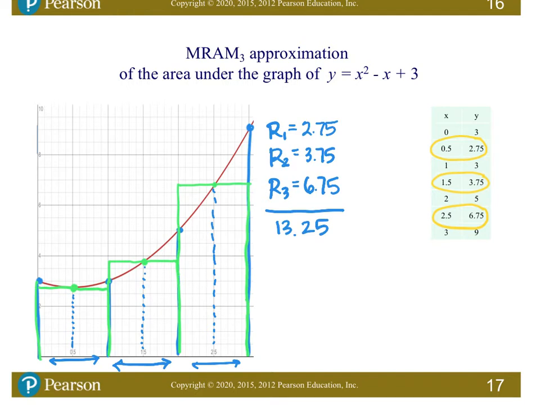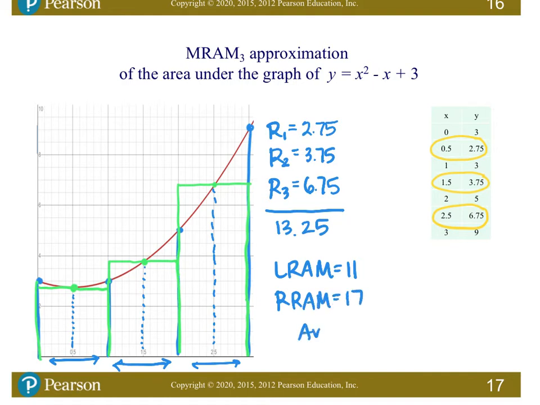Better than LRAM, better than RRAM. If you remember yesterday, we had 11 for our LRAM, we had 17 for our RRAM, so now we're looking at 13.25. It's not the average of the two, okay? Our LRAM was 11. The RRAM was 17.